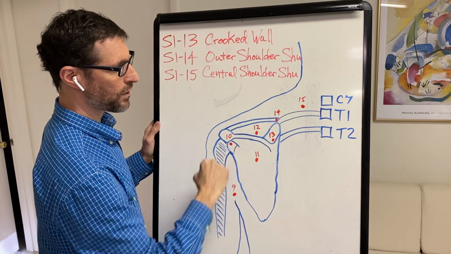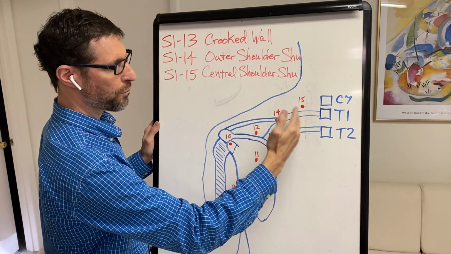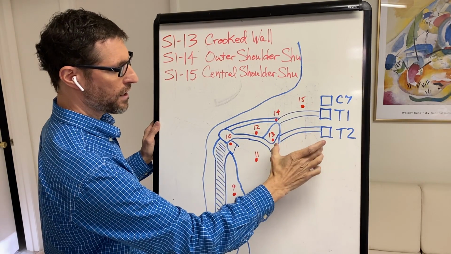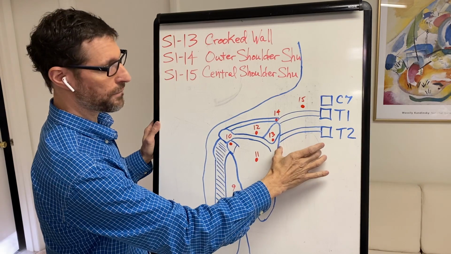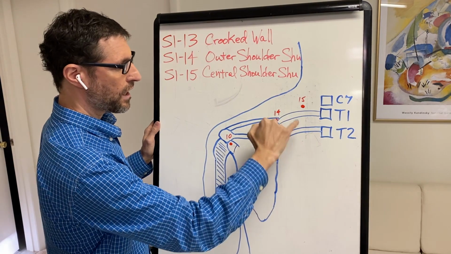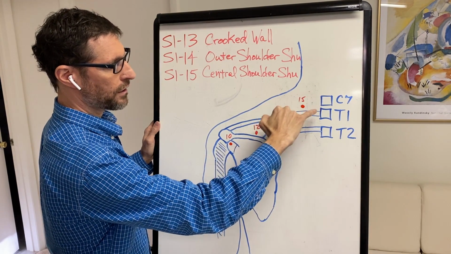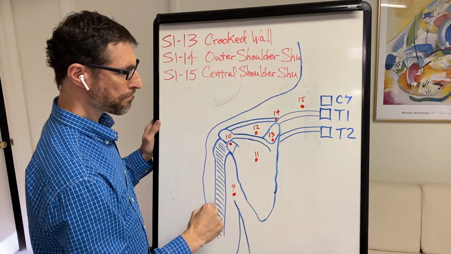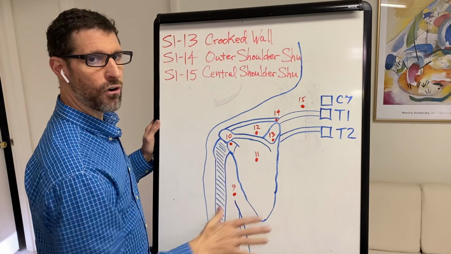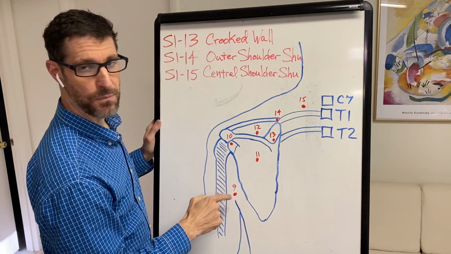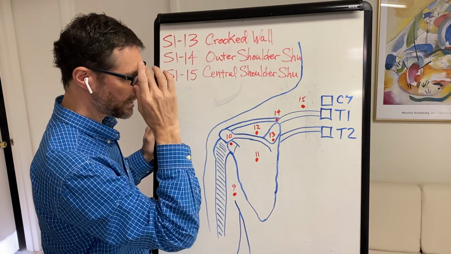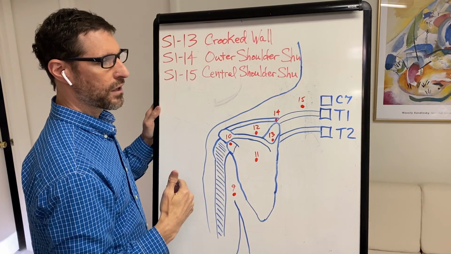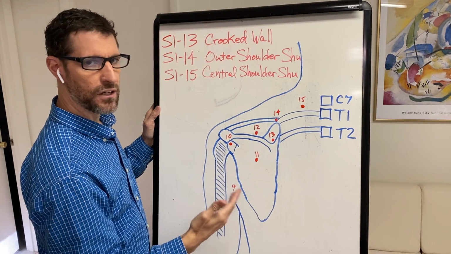And then you've got small intestine 15, which is roughly 1.5 sun or halfway between the medial edge of the scapula and the governor vessel line, found in the muscle right at about the level of the spinous process of C7.